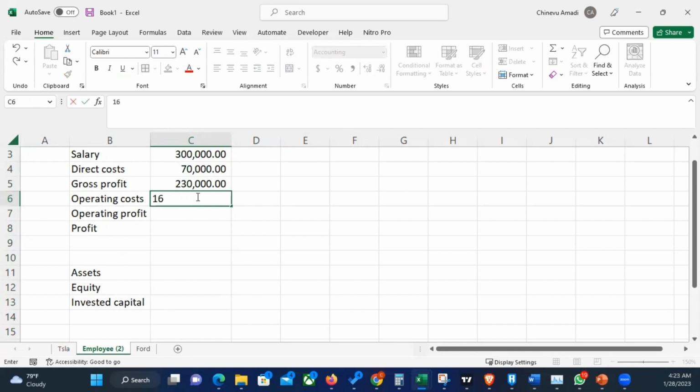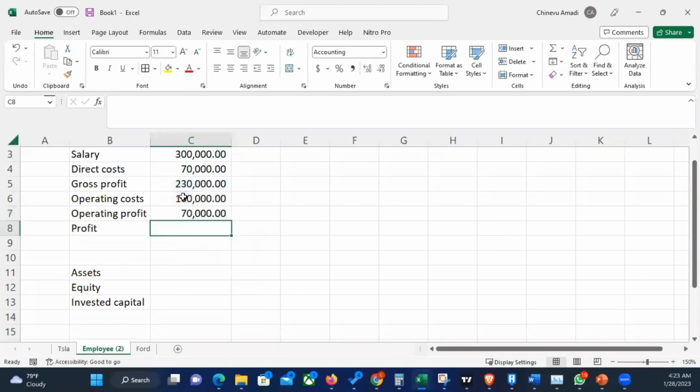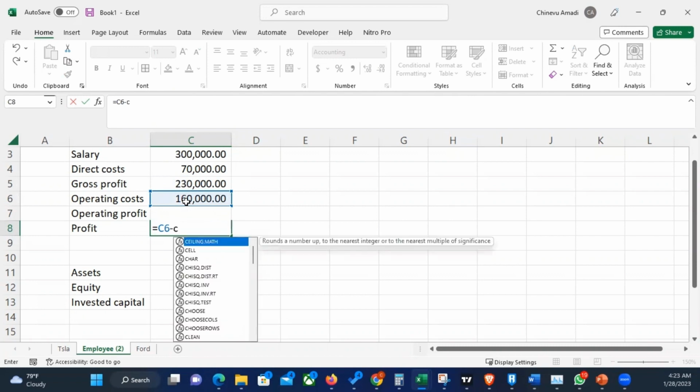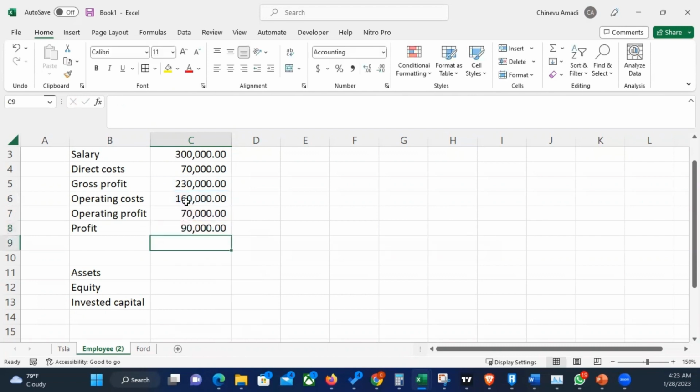So the operating profit will be the gross profit subtracted by that. Now the net profit: the employee will have paid taxes before he or she gets the 300,000, because taxes are deducted at source, unlike a business where you spend your money on expenses before the taxes are deducted.